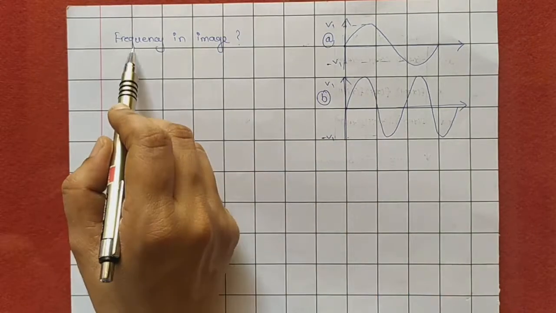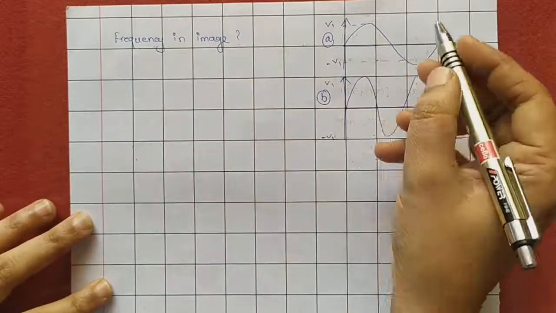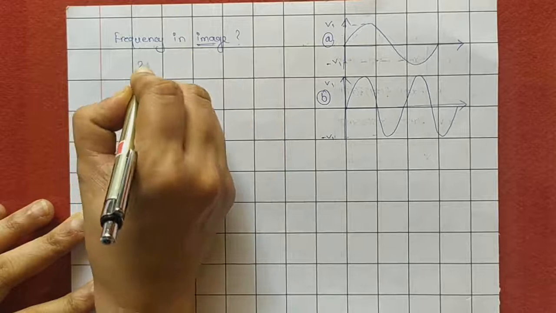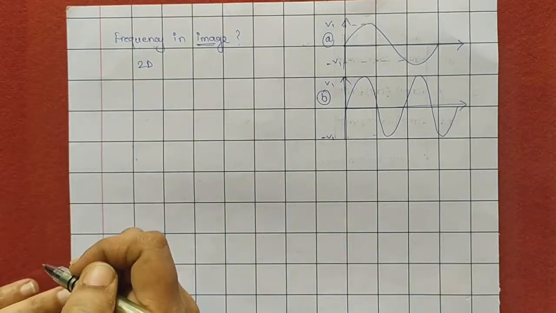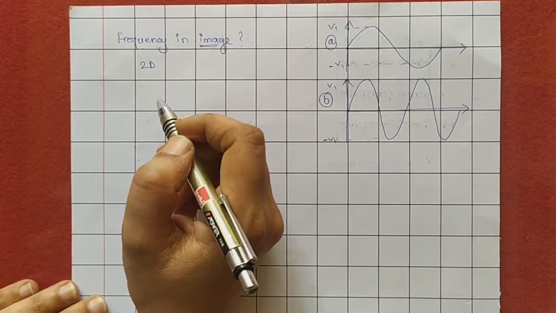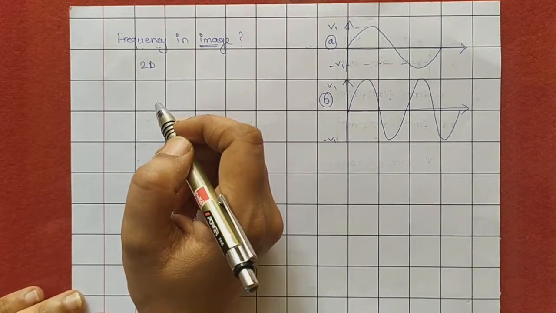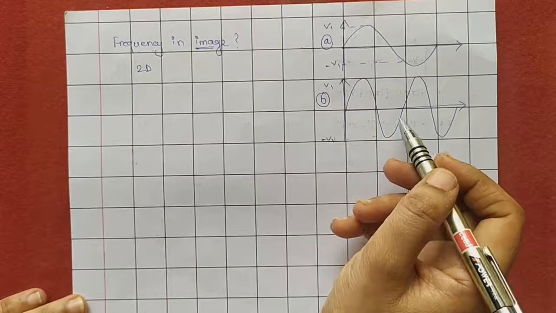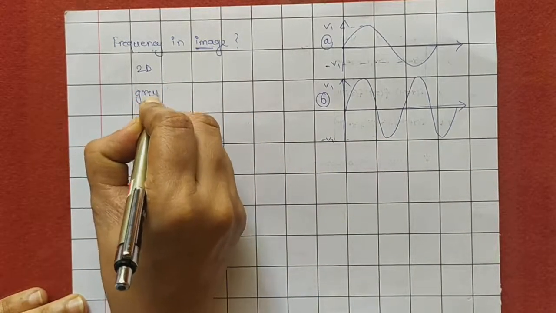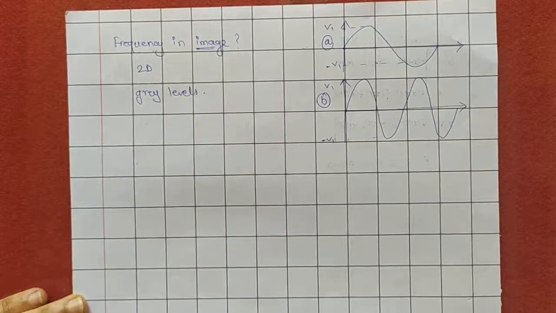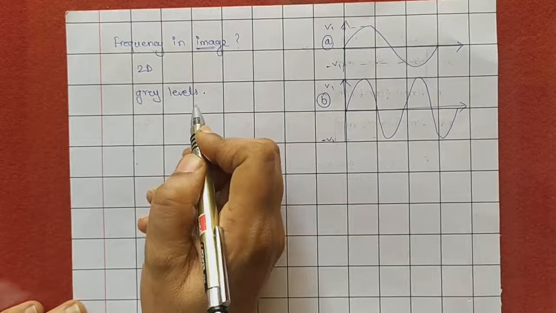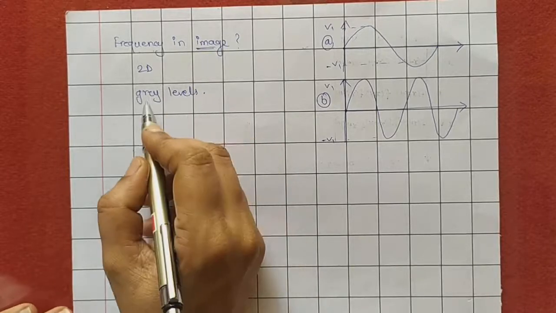So what do you mean by frequency in an image? That was for a one dimensional signal, but images are 2D signals. In an image we have gray levels, and how rapidly the gray levels change decides the frequency.